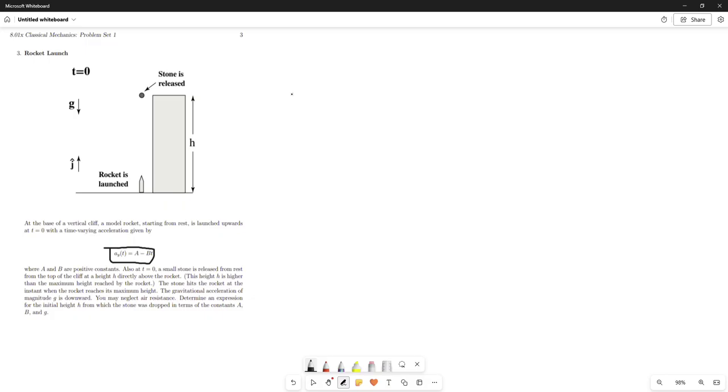Okay guys, the most important sentence in here is this sentence: this height h is higher than the maximum height reached by the rocket. It says that the rocket moves to some location and it will stop there.